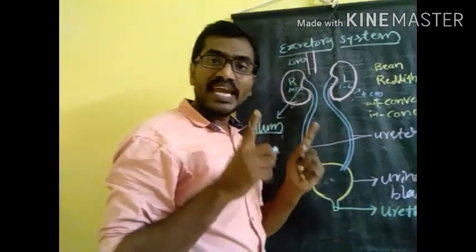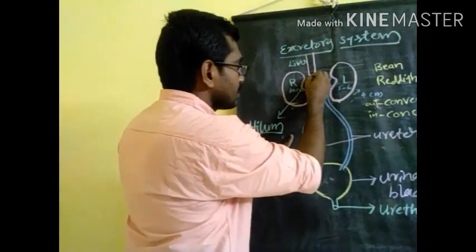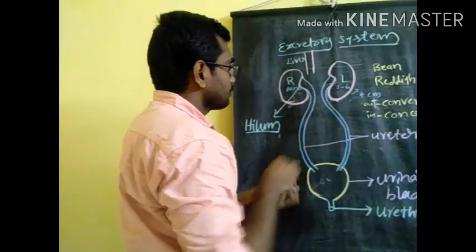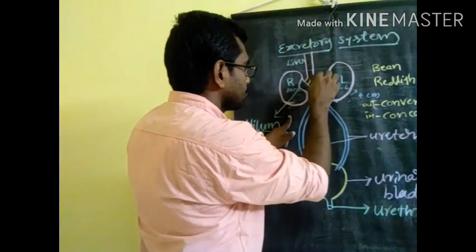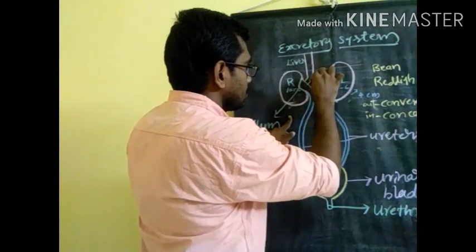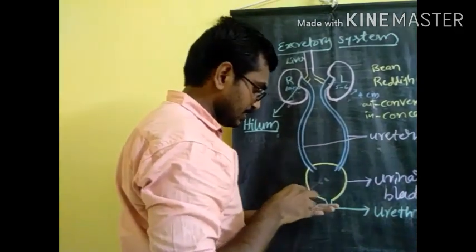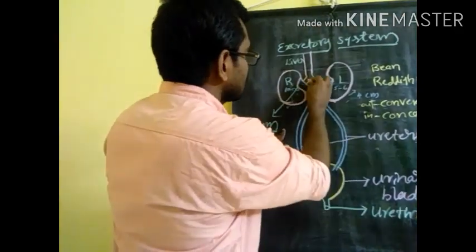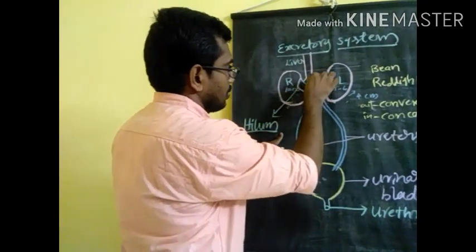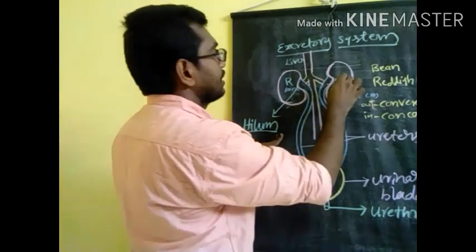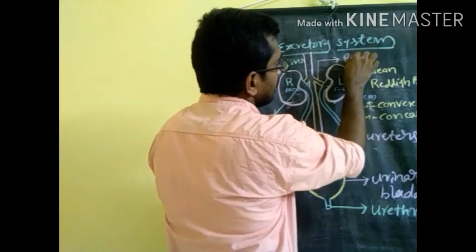In our body the main artery is the aorta. From the aorta, one blood vessel enters into each kidney through the hilum. The blood vessels supplying blood to the kidneys are called renal arteries.